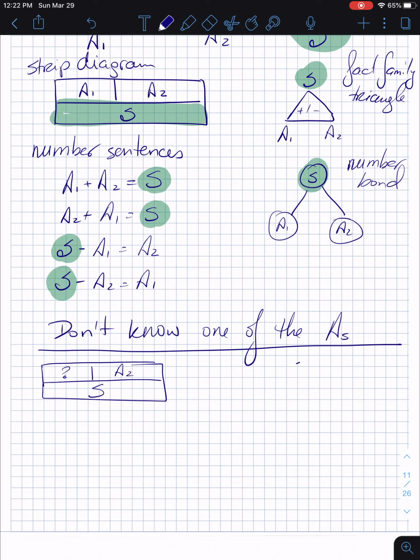If we have a fact family triangle, we don't know one of the addends. And if we have a number bond, we don't know one of the addends. So what happens with the number sentences? We don't know one of the addends.